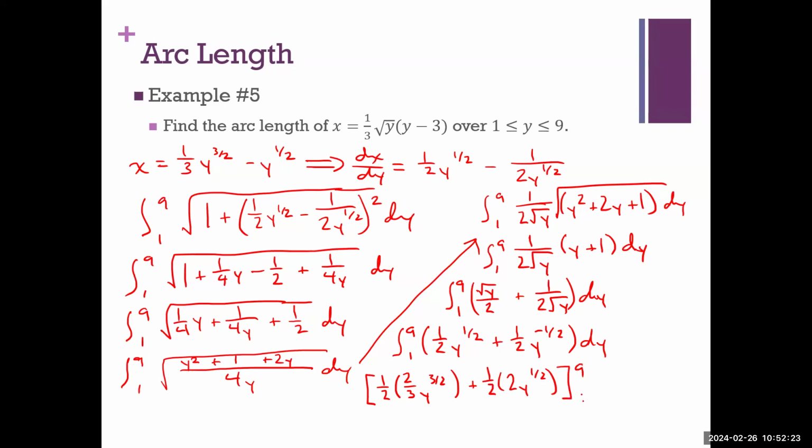So a few more favors happen for us. So 1/3 y to the 3/2 plus y to the 1/2 from 1 to 9 gives us 1/3 times what? 9 to the 3/2 is 27.